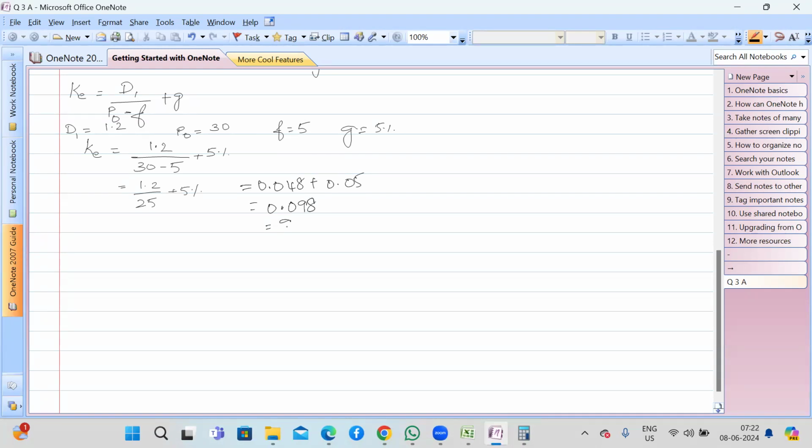In percentage, it is 9.8%. So this is KE. Then I want to calculate cost of preference shares, preference share capital. I'm assuming it as KP. So what is the formula for KP now?